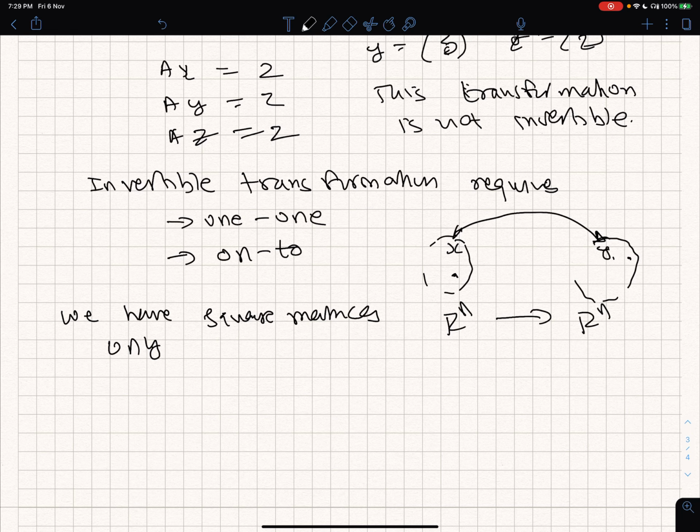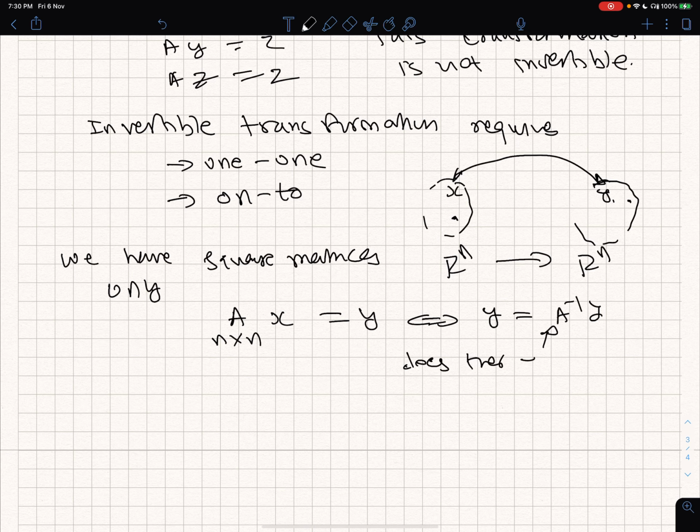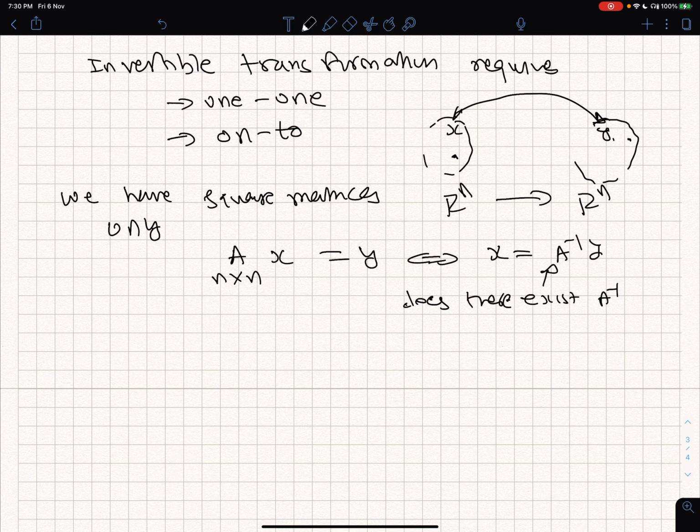So for invertible matrices, usually when we are dealing with an n cross n matrix, the question really is, if Ax is equal to y, then does there exist A inverse so that you can write x is equal to A inverse of y?